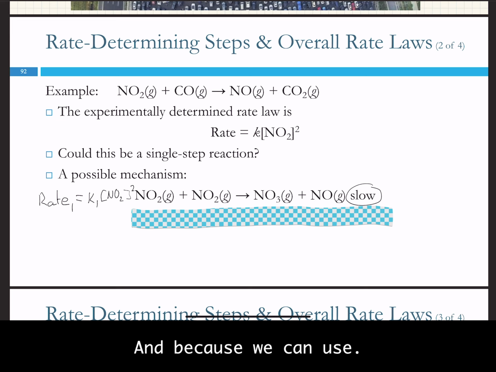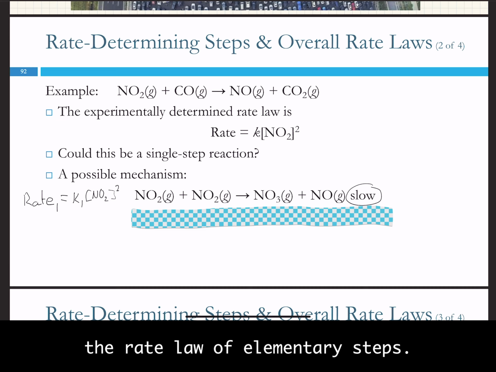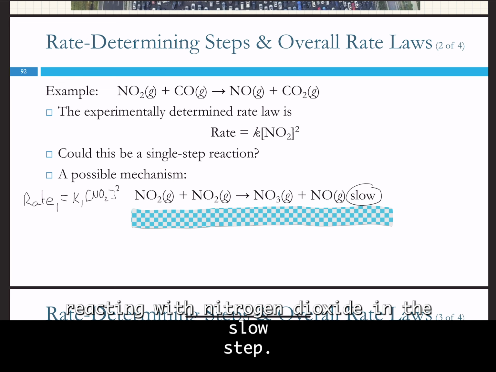And because we can deduce or infer the rate law of elementary steps, the fact that nitrogen dioxide is squared tells us that it's nitrogen dioxide reacting with nitrogen dioxide in the slow step.